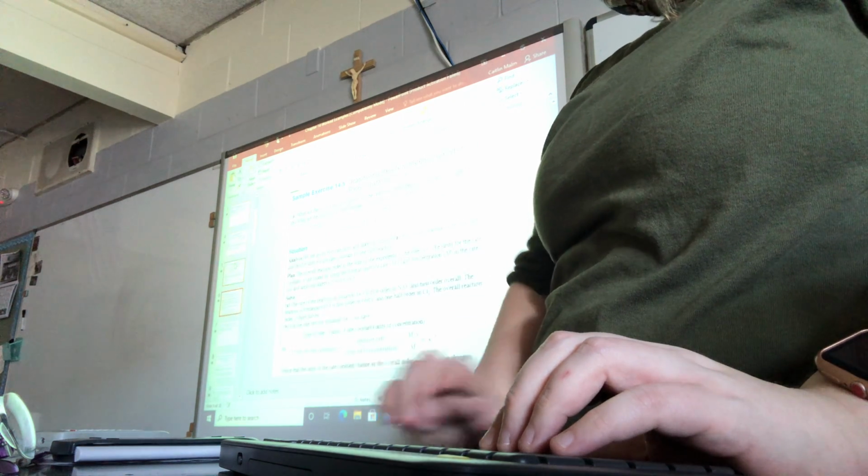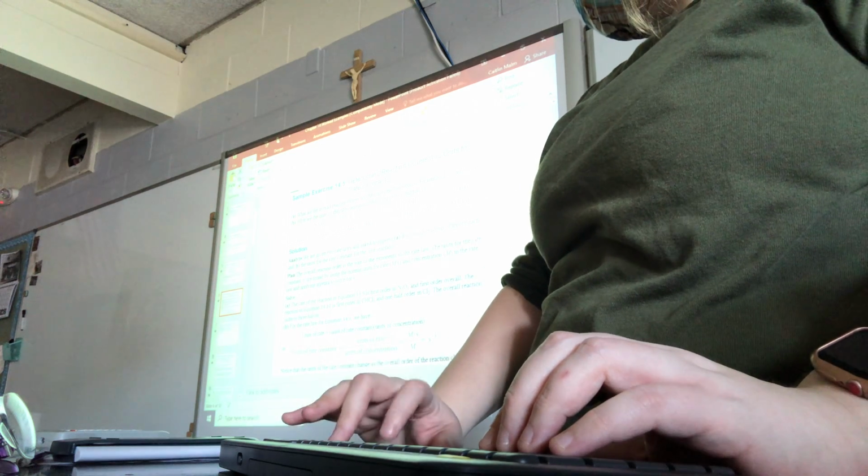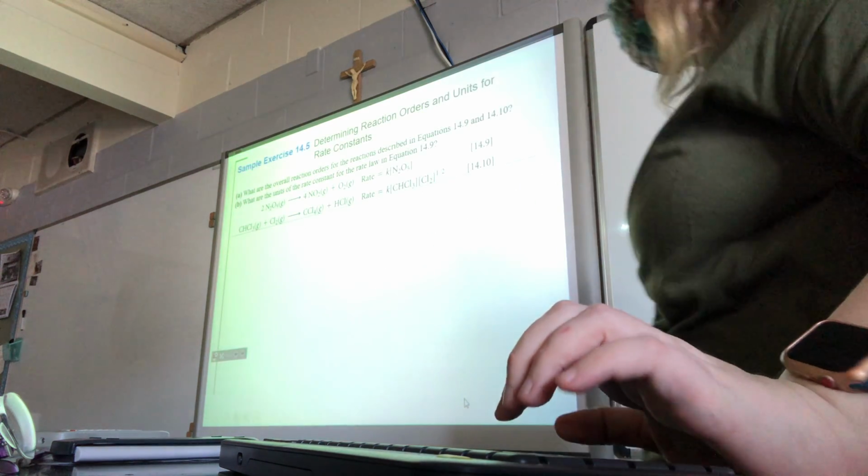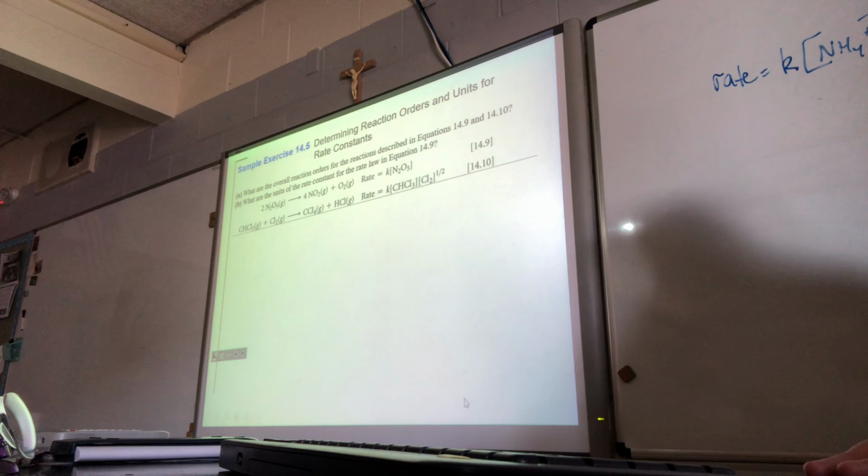So let's start here. We're going to look at some rate laws, determining the overall reaction order, and looking at units for rate constants. So for the first one, it says, what is the overall reaction order for each of the reactions described below? You're given the rate law, right?